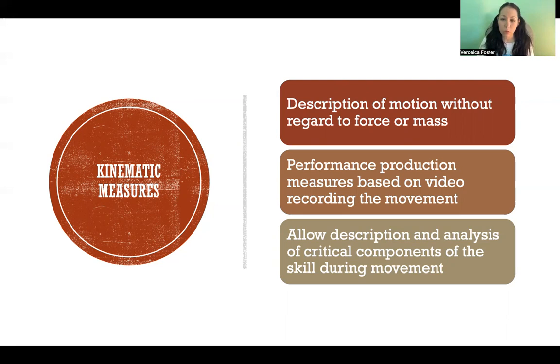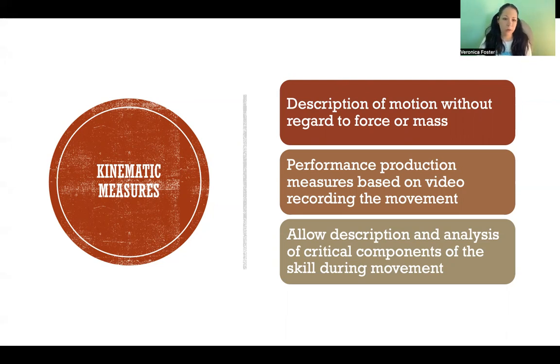Generally speaking, we do that by video recording the movement, and then there are all sorts of methods and ways that we can analyze that video for the kinematics. So there's software, there are applications, we can do it qualitatively, so there are all sorts of different ways. It allows description and analysis of critical components of the skill during the movement.